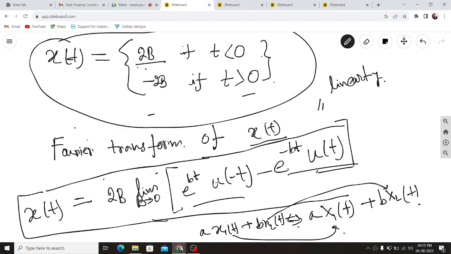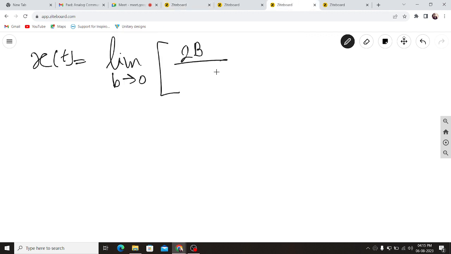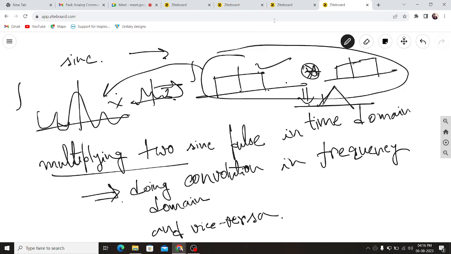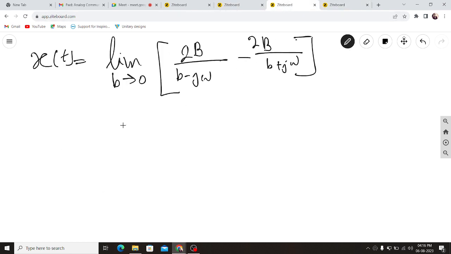For this, the b minus j omega term will come, and for this, 2b by (b plus j omega). These two terms will come. It gives b plus j omega and 1 minus b by j. If we substitute these two terms and just calculate it, it will be 4jb by omega.